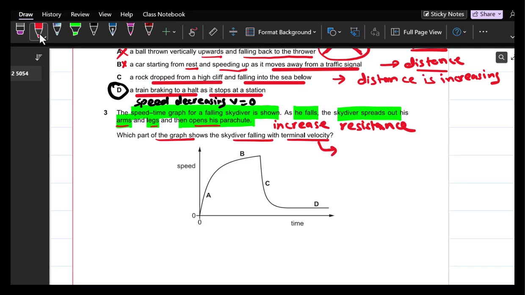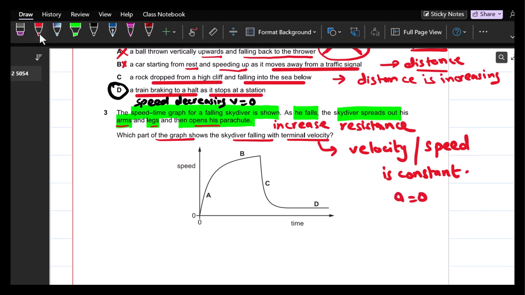Terminal velocity means speed or velocity is constant. If speed is constant, it means acceleration is zero. Forces are balanced. So D, you can see speed is constant here. The speed time graph is given to you. So D is the correct option.